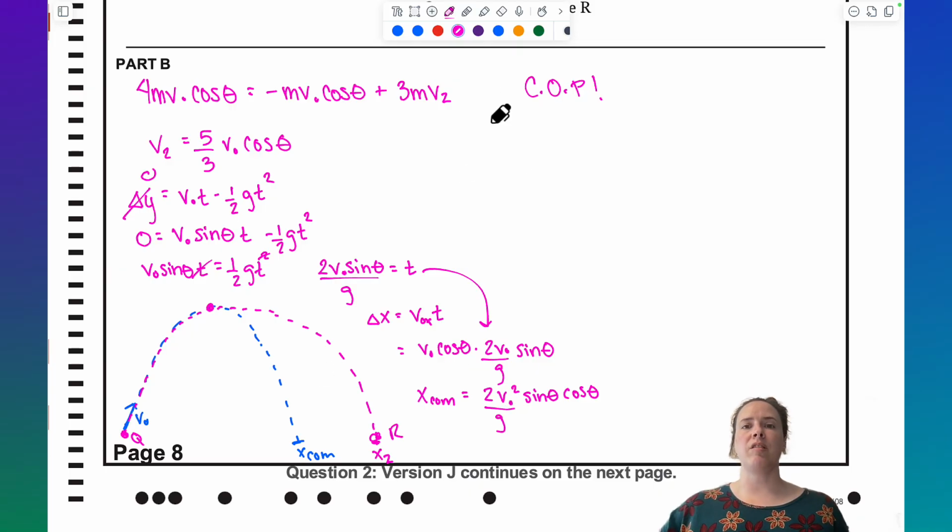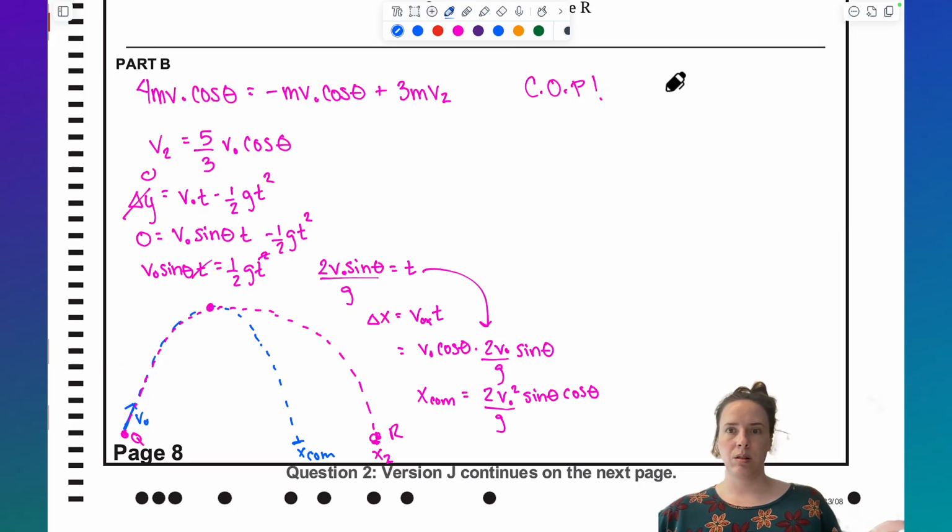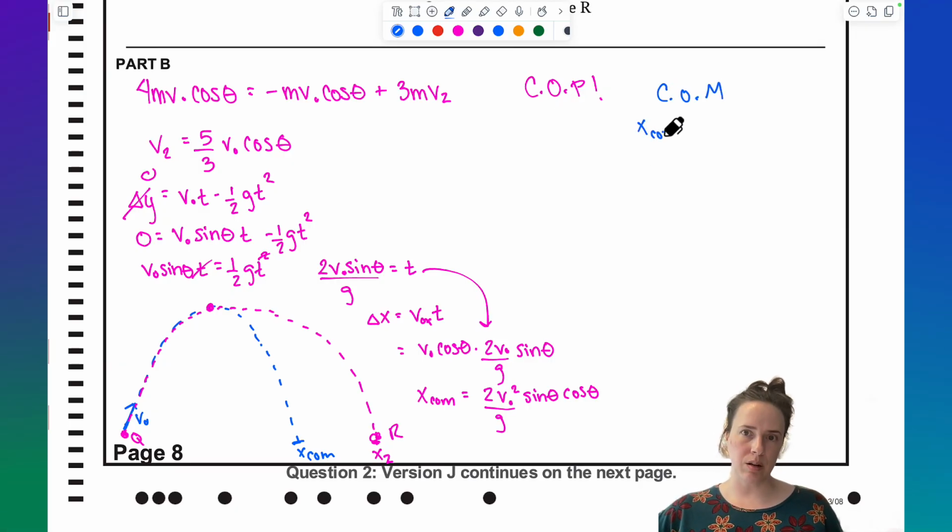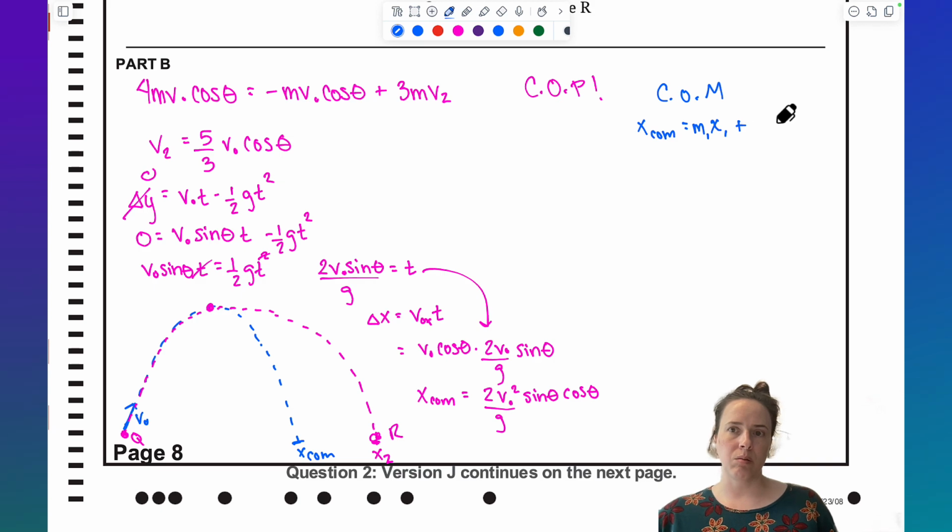So if you want to use center of mass, remember that your center of mass goes like, hey, where is the first thing times the mass of the first thing, plus where is the second thing times the mass of the second thing, and then divide by the total mass.